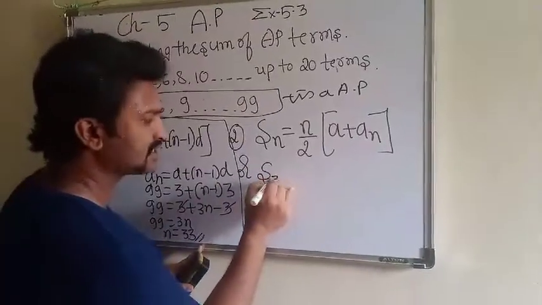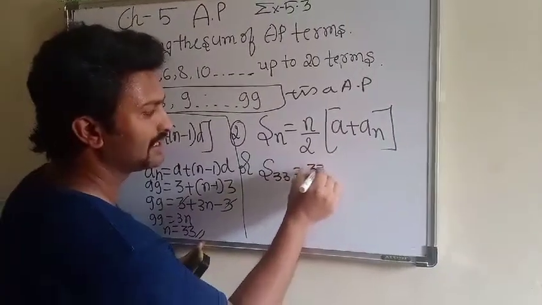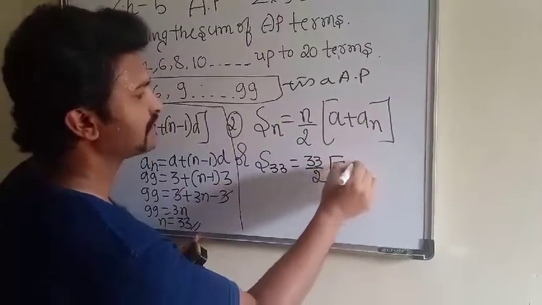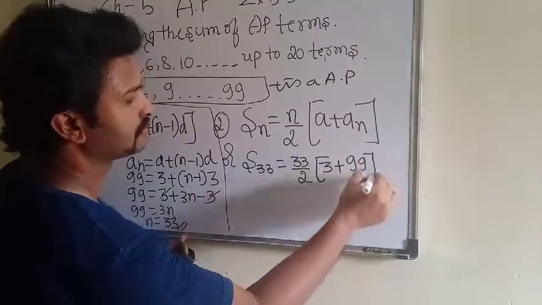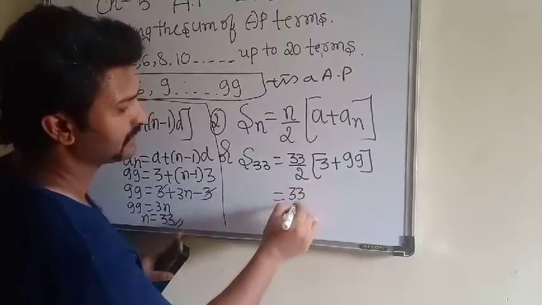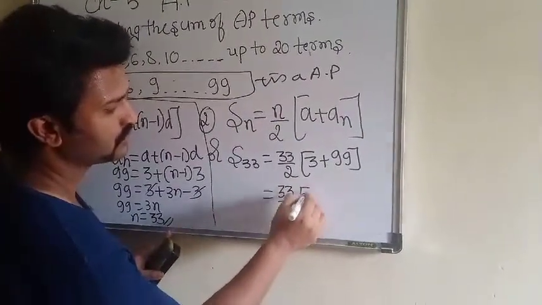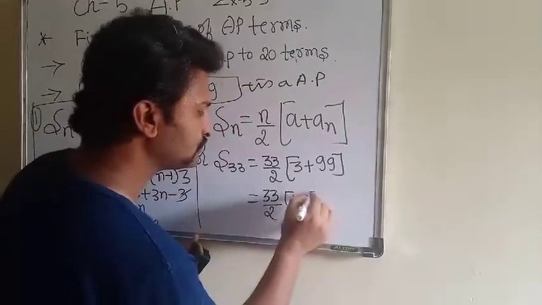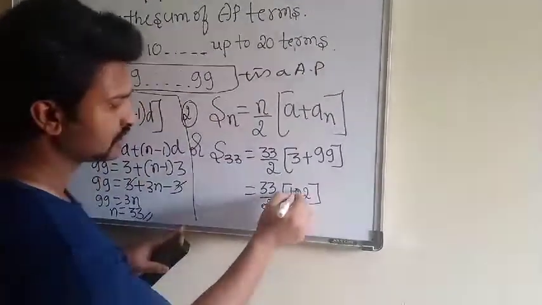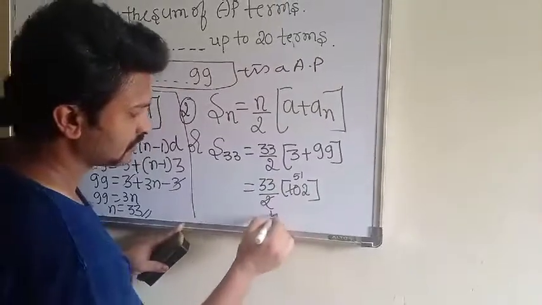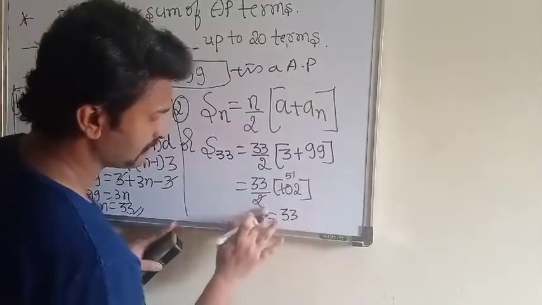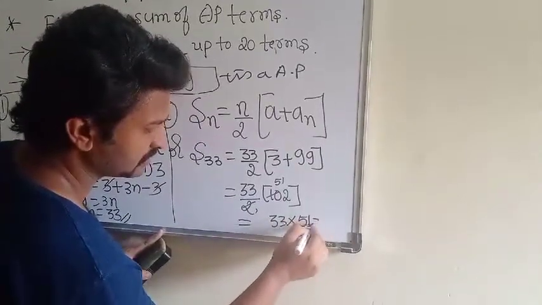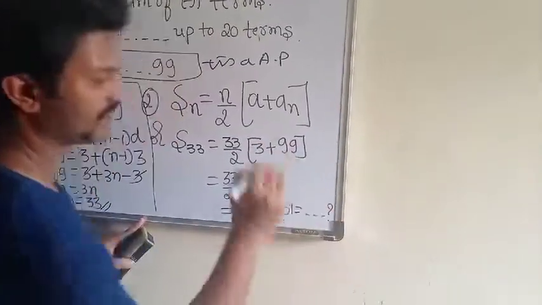So S33 equals 33 by 2 into (a plus an), a is 3, an is 99. 33 divided by 2 into 102, which is 33 into 51. You find out the answer.